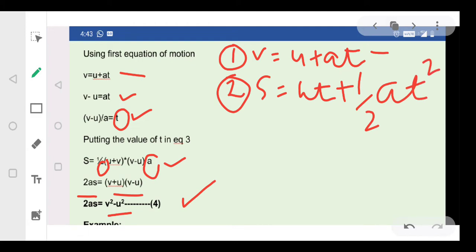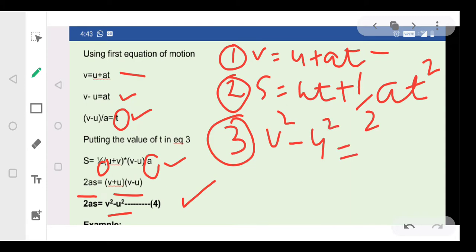We came up with this equation by taking area under the vt graph. We started with finding the area of rectangle plus area of triangle, which was equal to distance travelled. The third equation of motion is v square minus u square is equal to 2as, and we derived this equation by using area of trapezium and making it equal to the distance travelled.